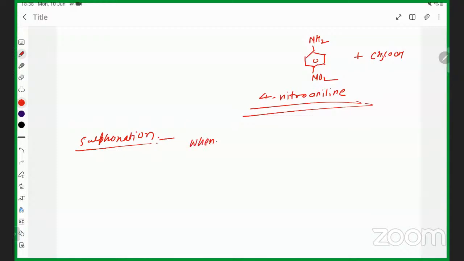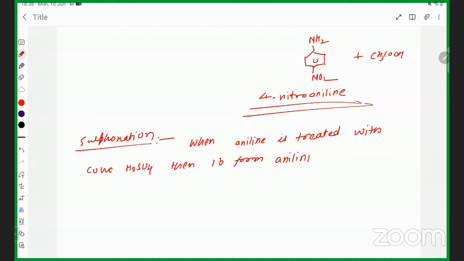When aniline is treated with concentrated H2SO4, then it forms anilinium hydrogen sulfate.